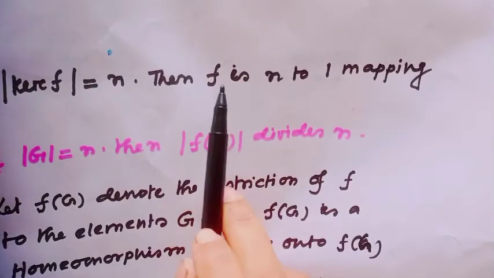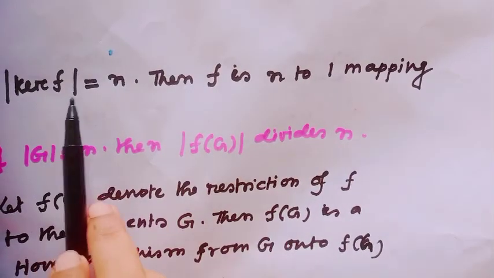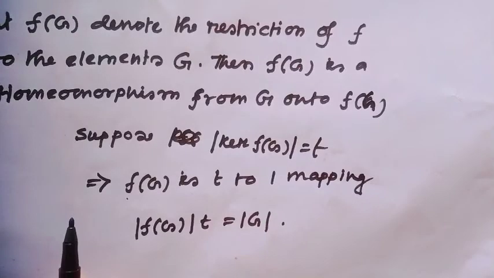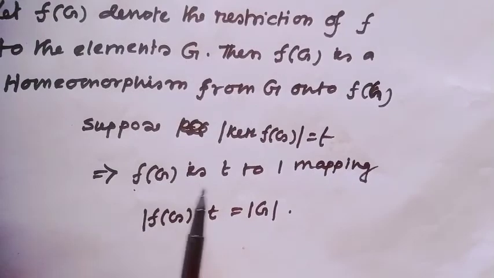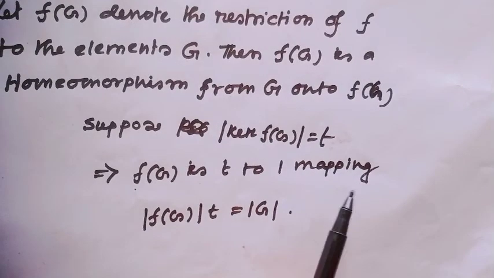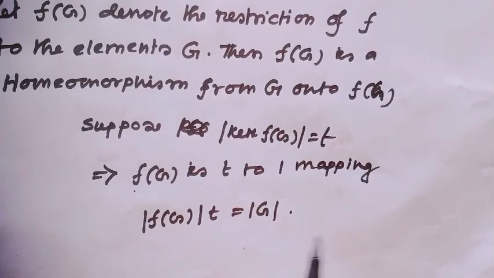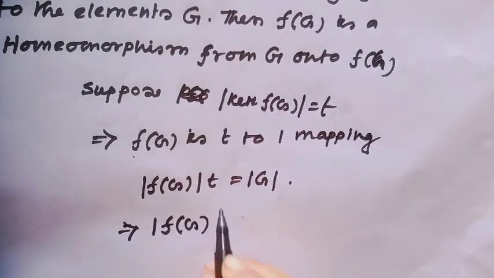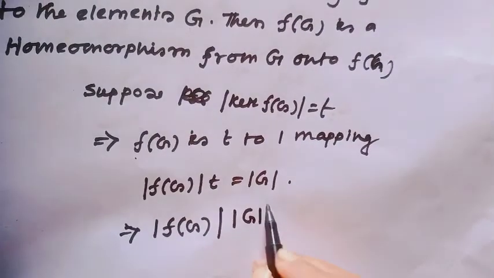I have told you if the order of the kernel of f equals n, then f is an n to 1 mapping. From this line, we can tell f g is a t to 1 mapping. That implies the order of f g times t equals the order of G. And from this line, we can tell the order of f g divides the order of the group G.